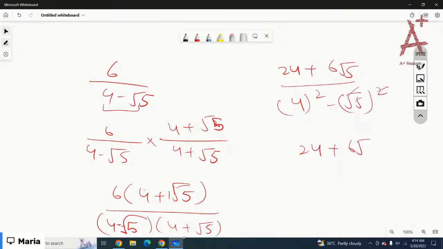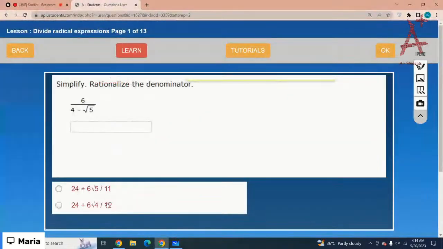You are left with 24 plus 6 square root 5 and 4 square is 16. 16 minus 5 it would be 11. So it is 24 plus 6 square root 5 over 11. The first option is the correct one.